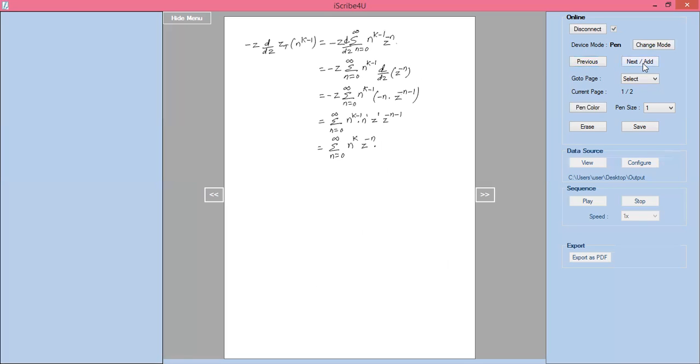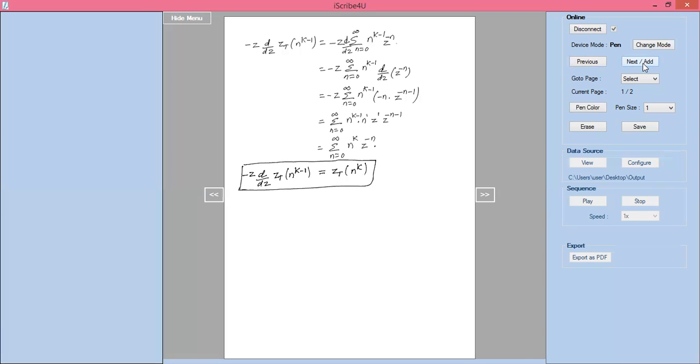So summation of n equal to 0 to infinity n power k into z power minus n is the z transform of n power k. Finally, minus z into d by dz of z transform of n power k minus 1 equal to z transform of n power k, which is the required solution for the given equation.